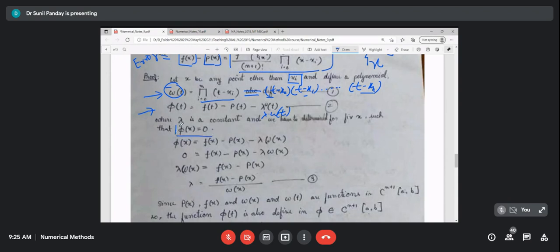So for this particular x, we calculate lambda by assuming the condition phi(x) equals 0.